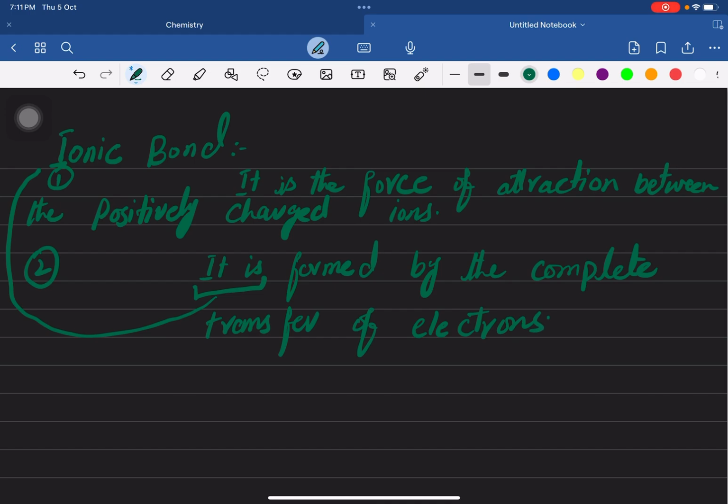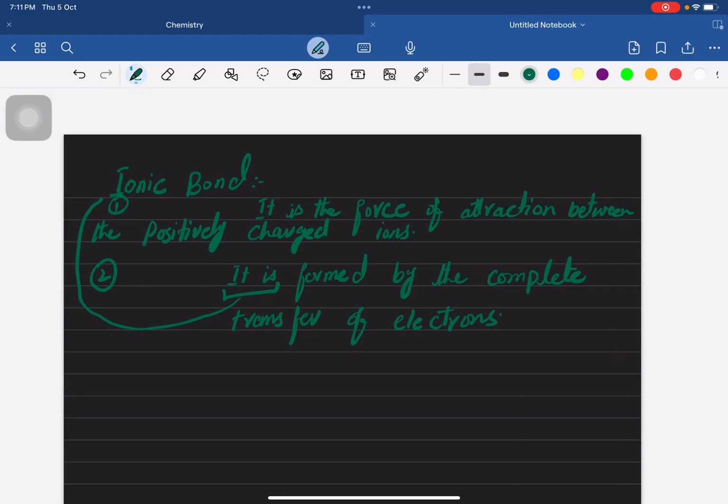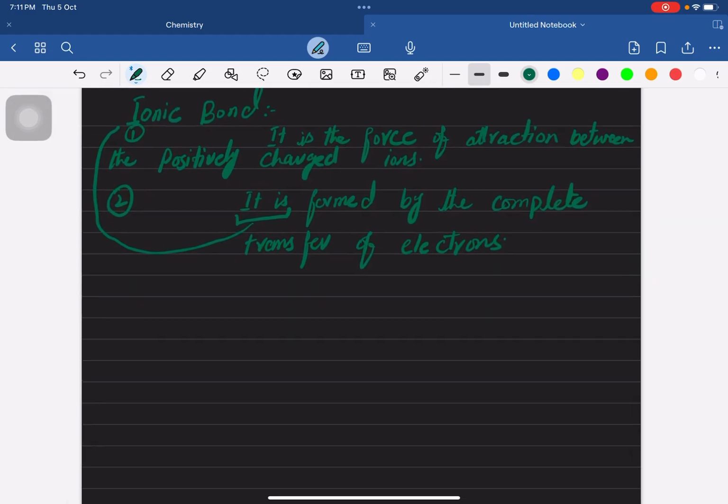So these two are the definitions. Both are justified, both are correct, both are acceptable. You can use whichever is easy for you. Okay, so this is the definition.